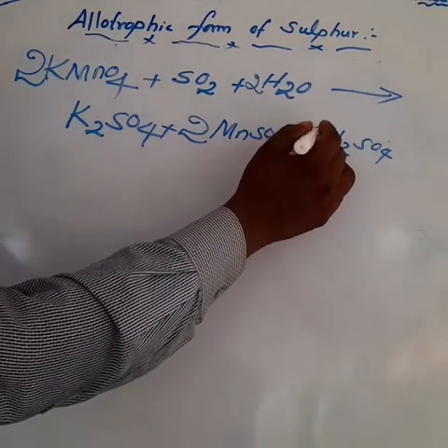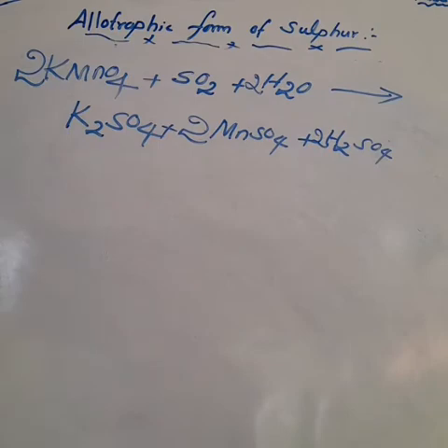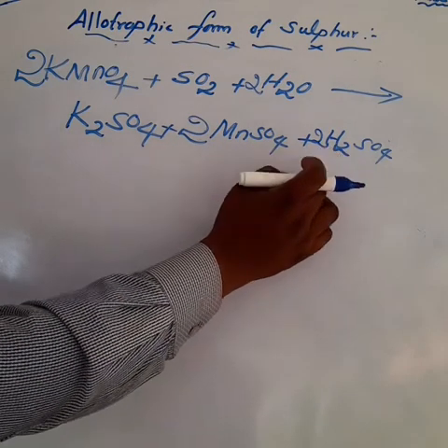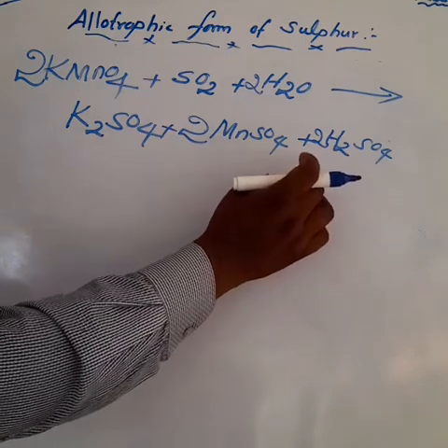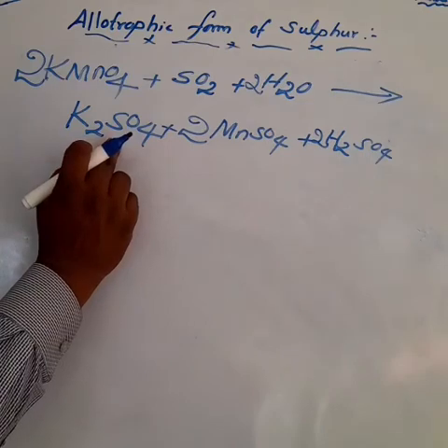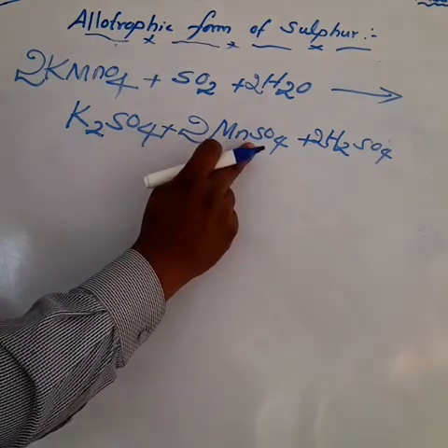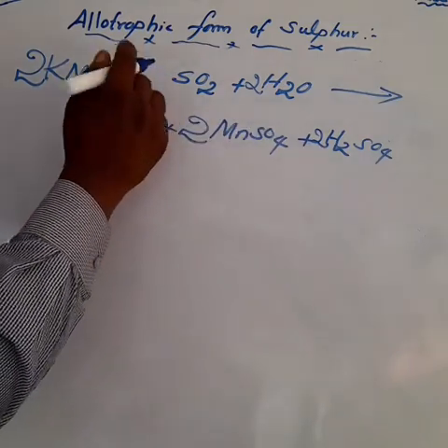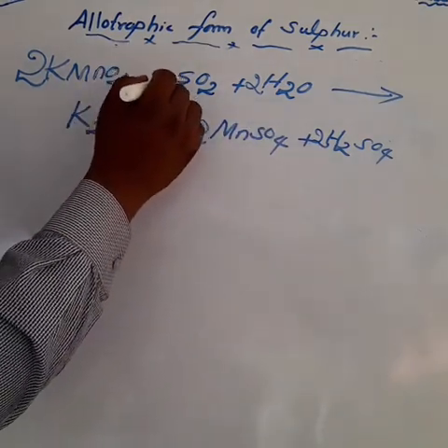So how to balance the hydrogen? On the product side also make it 2 sulfuric acid. Now we count the sulfur. Total sulfur, how much sulfur is there? On the product side, K2SO4 has 1 sulfur, MnSO4 has 1 sulfur, and sulfuric acid, if you are making 2, means 2 sulfur. So we get 5 sulfur.